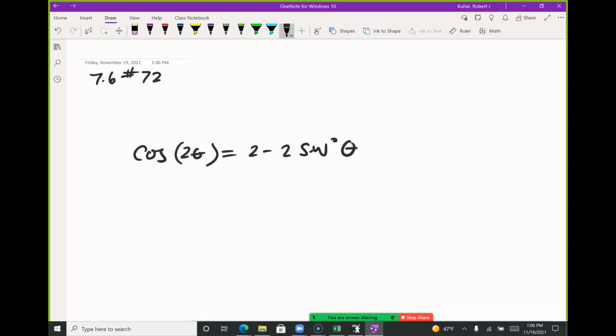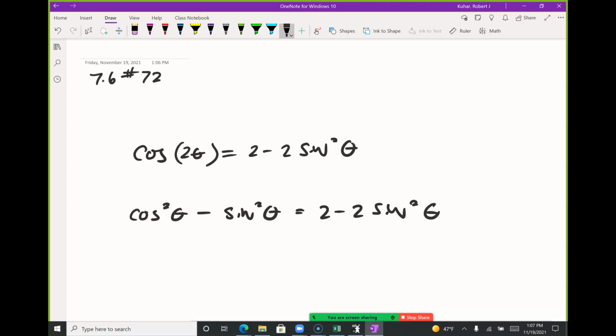The book is always asking for solutions from 0 to 2 pi, but I'm asking you for every solution, so a plus 2k pi kind of solution. I don't like the double angle formula, so I'm going to change it to the one I know: cos squared theta minus sine squared theta equals 2 minus 2 sine squared theta.